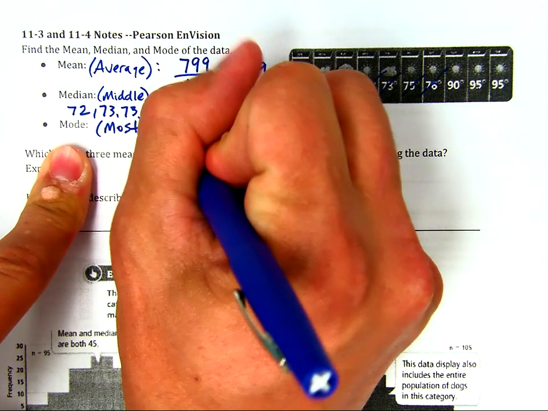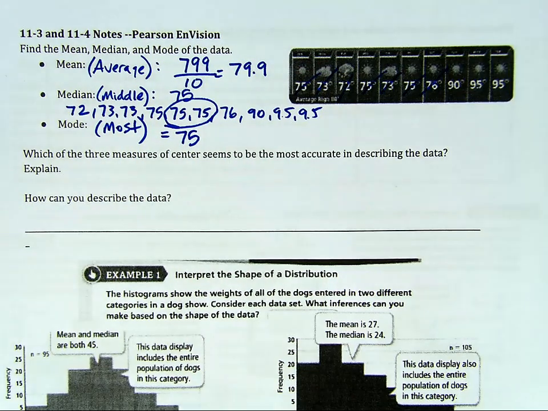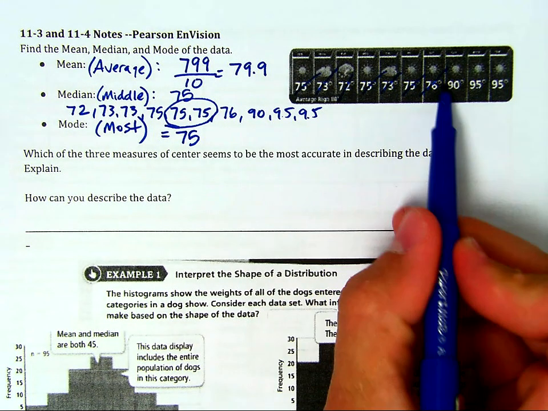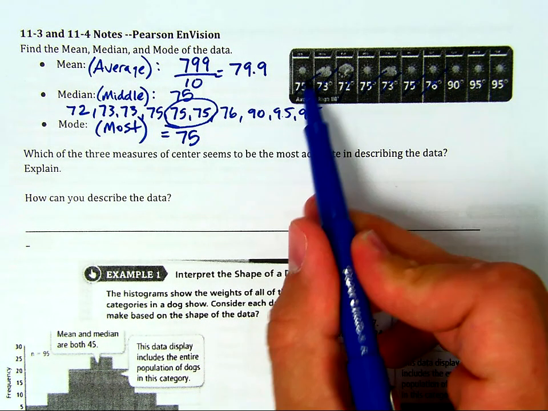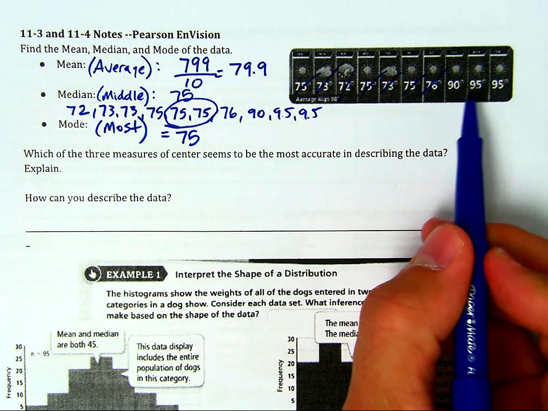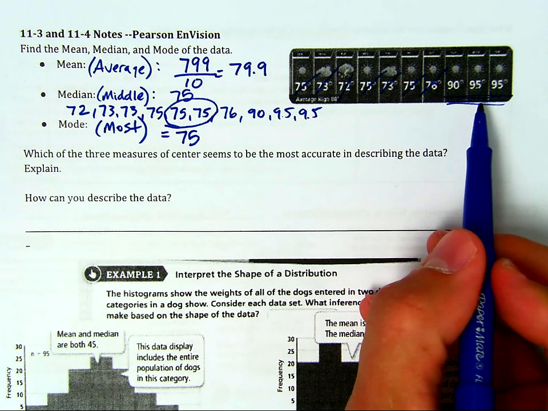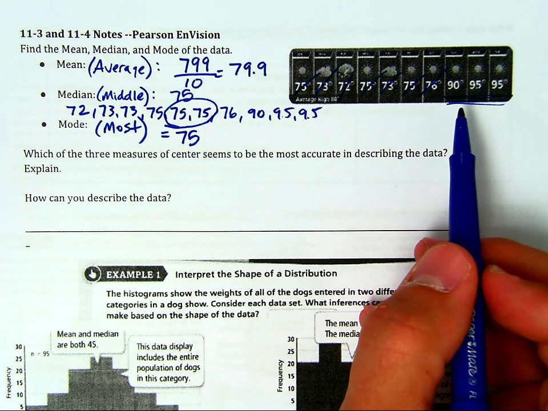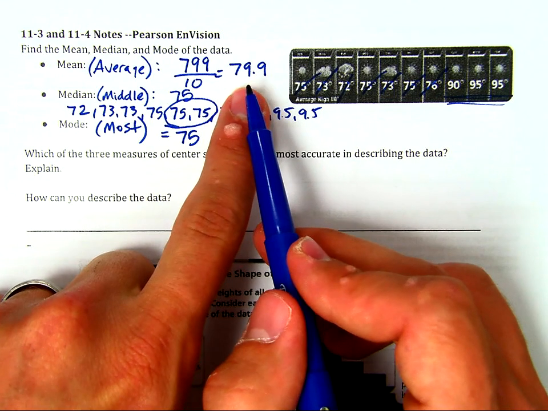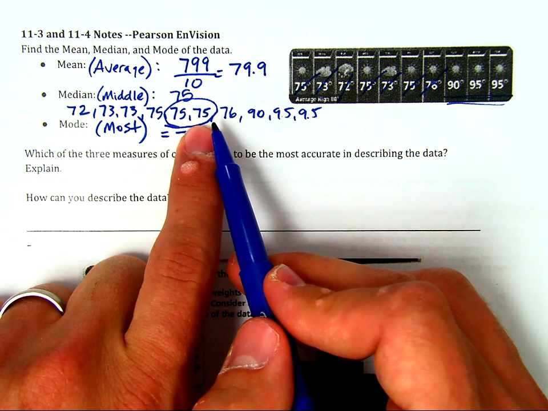Most is 75. So if you look at the numbers, the majority of the numbers are down here around 75, but then we have a couple here that are a little bit greater. So notice that the mean is greater than the median.